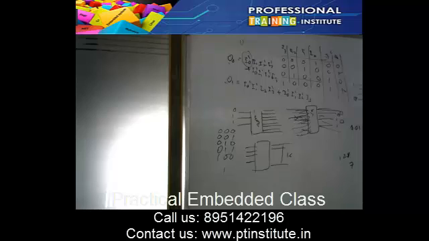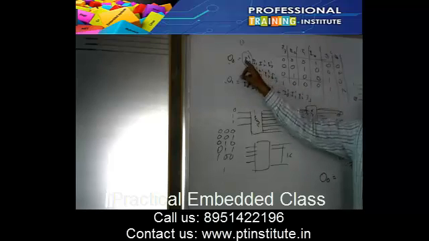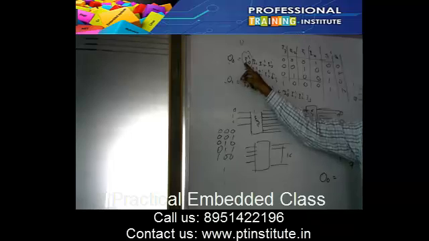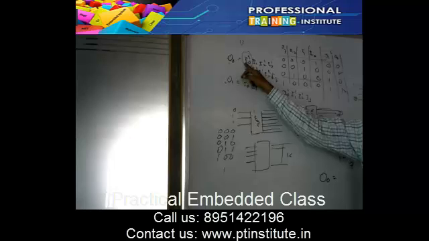Okay, for any input, consider this is the input 1. Understand what I mean? Let's calculate O0 when this input is high. It means I0 is high. So I0 is high means inversion of I0. What will it be? 0.